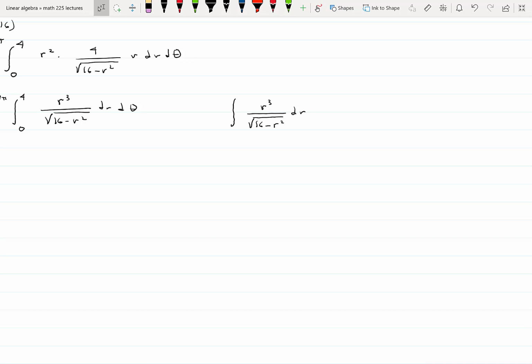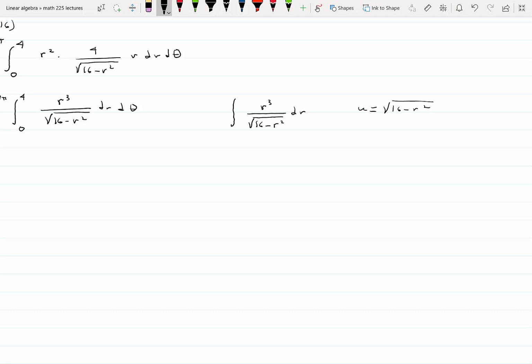We don't want to let u equal 16 minus r squared because du doesn't appear. du is negative 2r dr, and we have r cubed in the numerator. Although I think ultimately u equals 16 minus r squared would work with maybe a little bit of trickery, I'm going to let u equal the entire square root of 16 minus r squared.